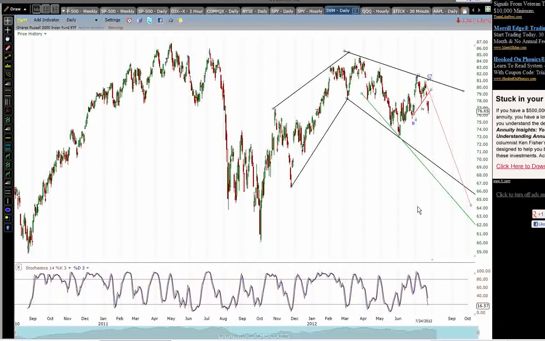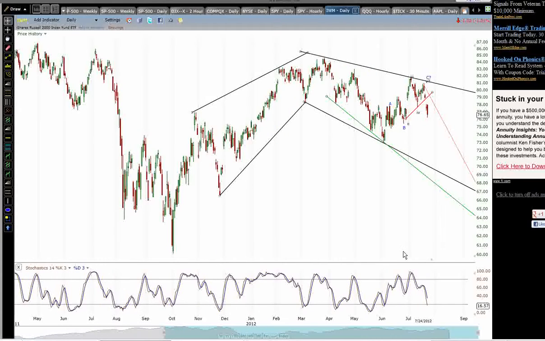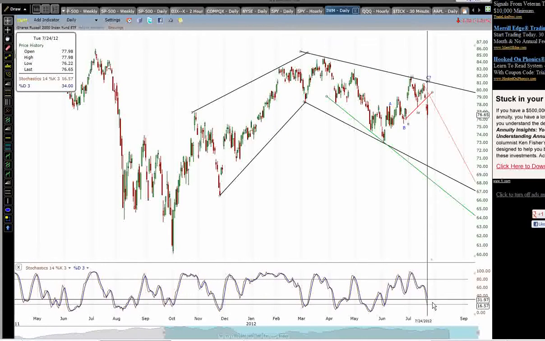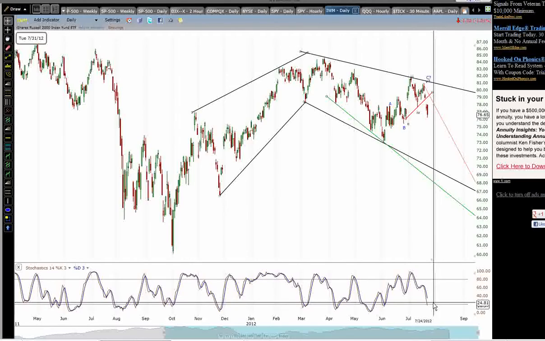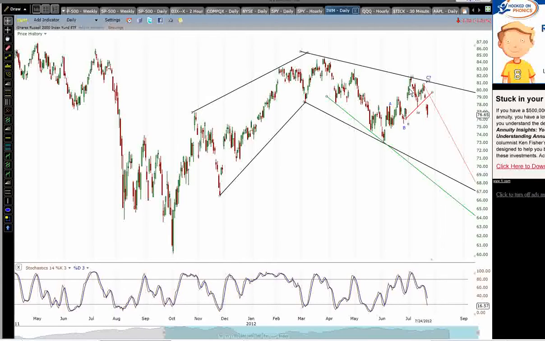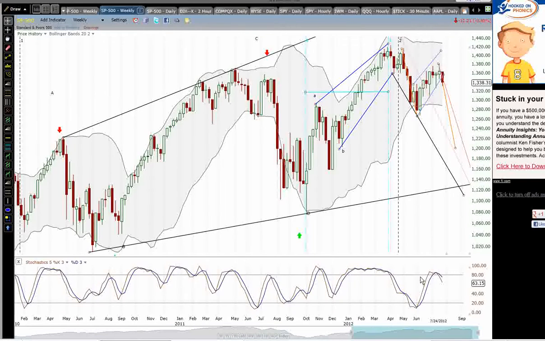The daily time frame, let me click over to the Russell 2000. The daily time frame is getting close to oversold, so in another day or two we could be oversold there. If one is short from these levels that I had talked about over the last few weeks, one option is to take a partial profit as the daily becomes oversold, move the stop down to break even or slightly better, and then switch over to a weekly chart and wait for that to get down at least below 50.